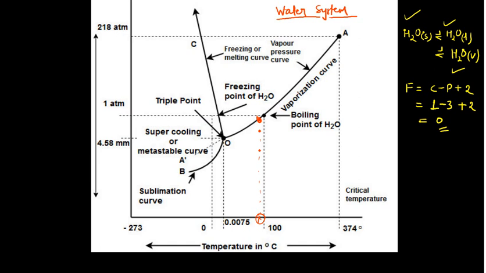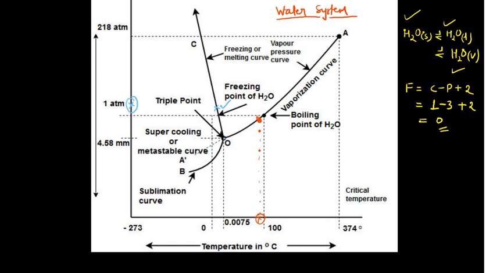Similarly, this axis is the pressure axis. If you increase the pressure from here, say you reach somewhere here, then again one phase will be gone.